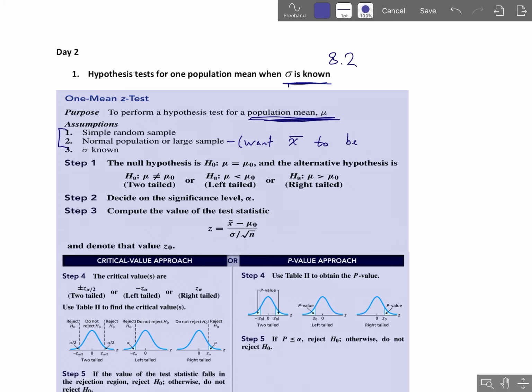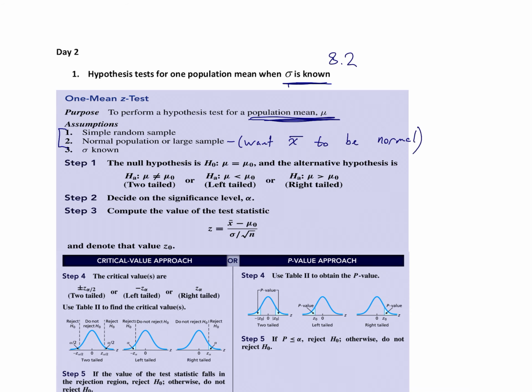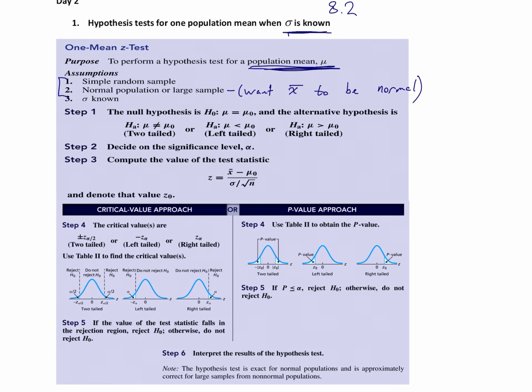The reason for this is that we want x bar to be normal. The techniques that we're going to talk about are only applicable whenever x bar, our sample mean, is normally distributed. To make that happen, we just need to have either a normal population variable or a large sample that we're taking.